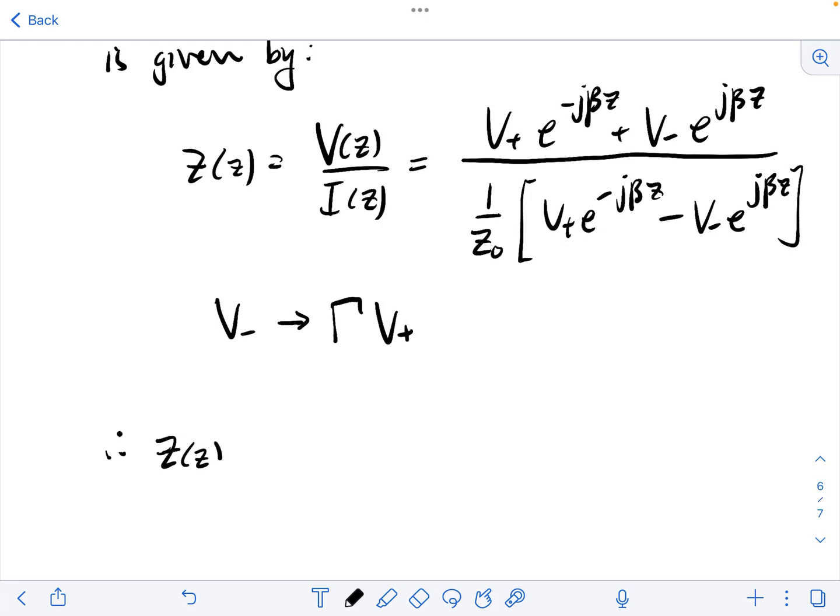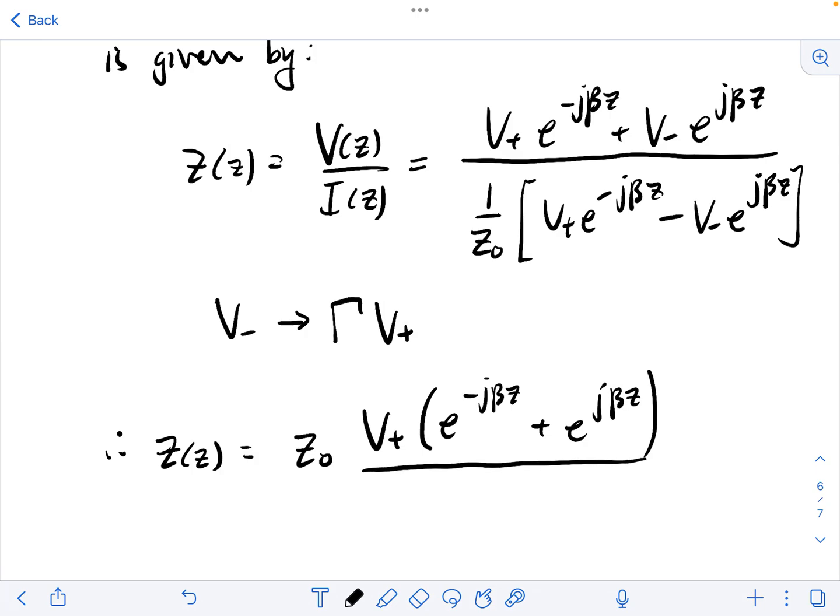So doing all of that, the impedance at position Z is going to be equal to Z naught times V plus. In the numerator, we'll have e to the minus j beta z, and we'll have plus e to the plus j beta z. Oh, sorry, I forgot something here. Let me go back to the numerator. We have to put in for V minus gamma times V plus.